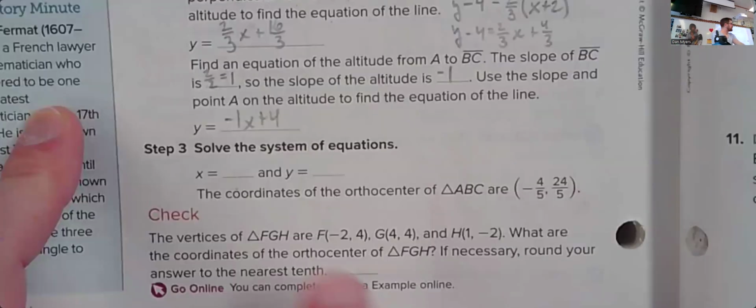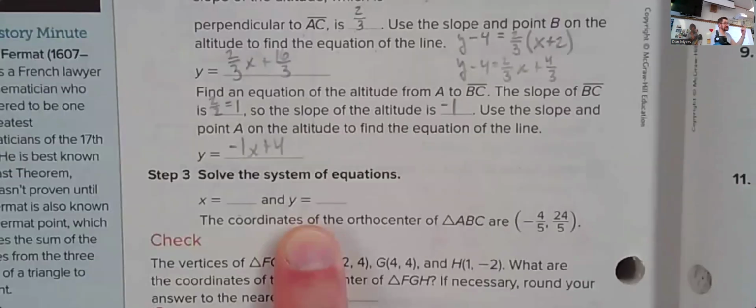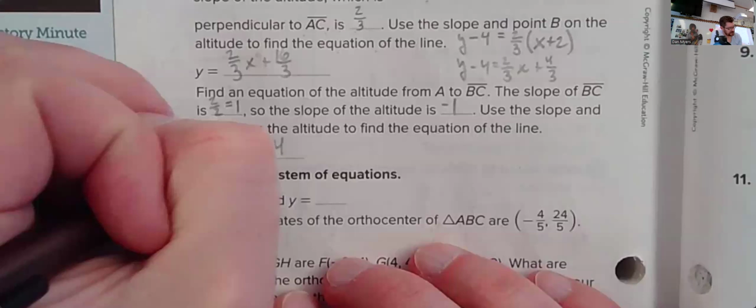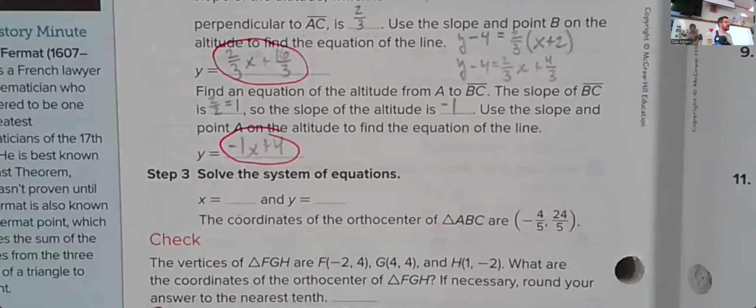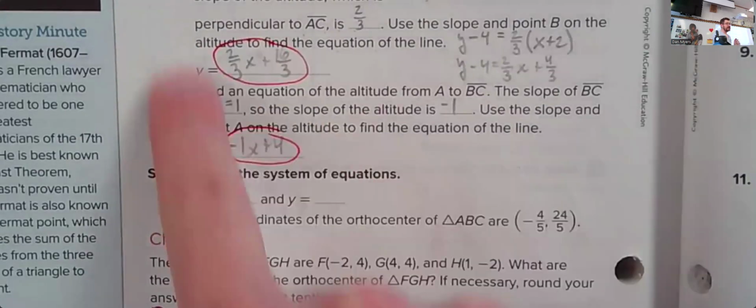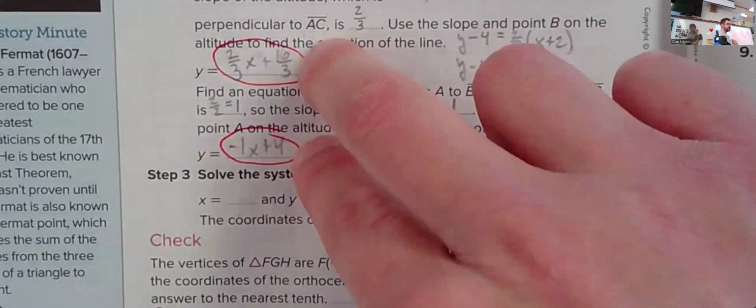So we have to solve a system of equations, and the two equations that we are solving are this one and that one. Because these are both equal to y, we can set those two things equal to each other.